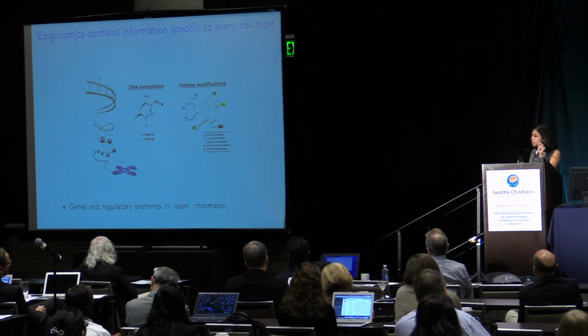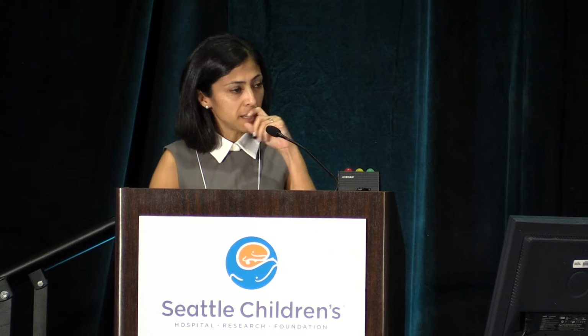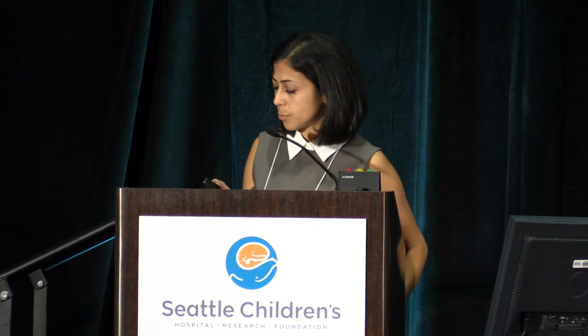And measurement of this particular modification has been a great indicator of the presence of an open accessible chromatin site at that region. The key point here is that open chromatin sites are typically regulatory elements controlling gene expression.